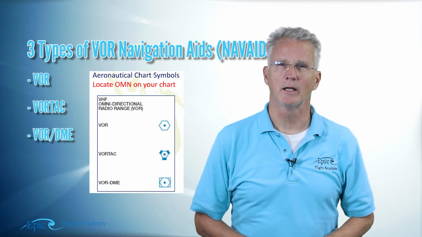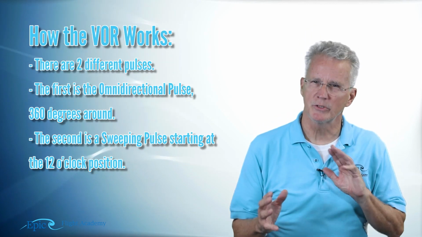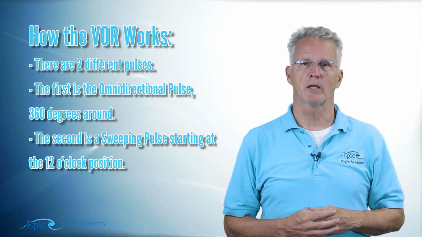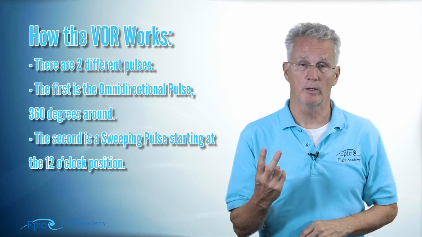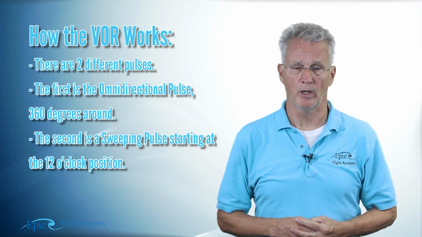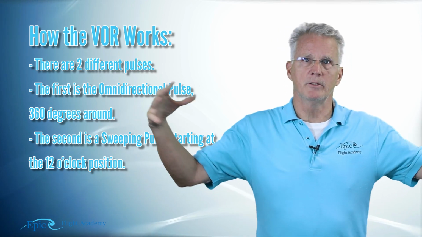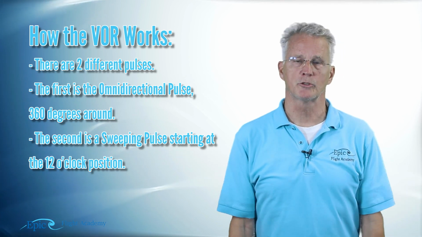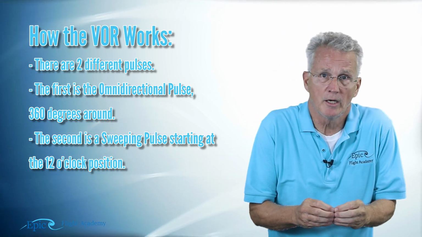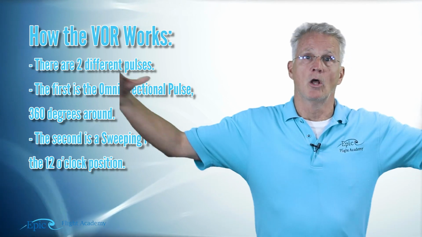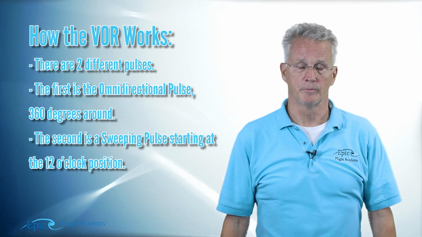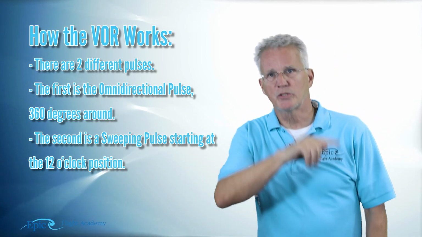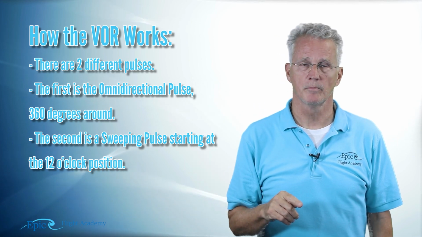Now, let's take a moment and just discuss real quickly how this thing actually works. It works with two pulses. The first pulse is the omnidirectional pulse. Now, that's interesting because the O means omnidirectional range. This is an electronic pulse that goes out in all directions. The second pulse is a sweeping beam.